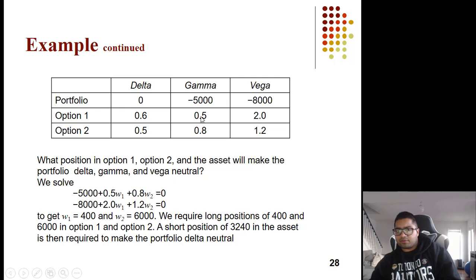Gamma for option 1 is 0.5, so 5,000 plus 0.5 times W1 plus 0.8 times W2 equals 0. Second, you have to make Vega also 0. So 8,000 plus 2 times weight of option 1 plus 1.2 times weight of option 2 equals 0. Solve these equations. You should get W1 is 400 and W2 is 6,000. So you have to buy 400 of option 1 and 6,000 of option 2.